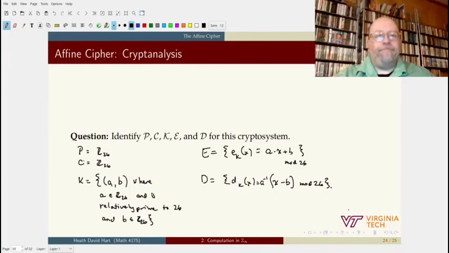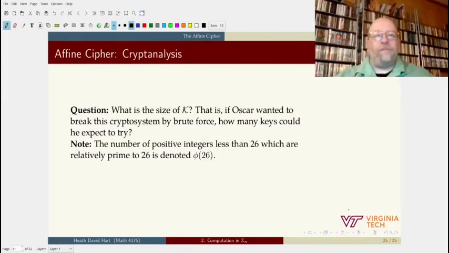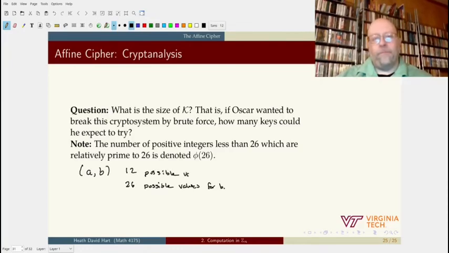All right. What is the size of this key space? So the size of the key space is the possible pairs of A and B. There are 26 possible values for B. But there are only 12 possible values for A. No even number is relatively prime to 26 because they both have a 2 in common.